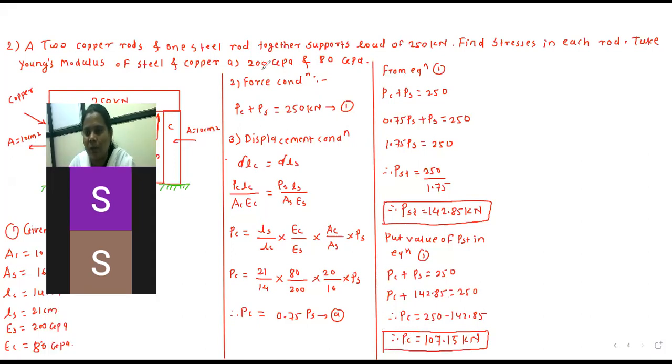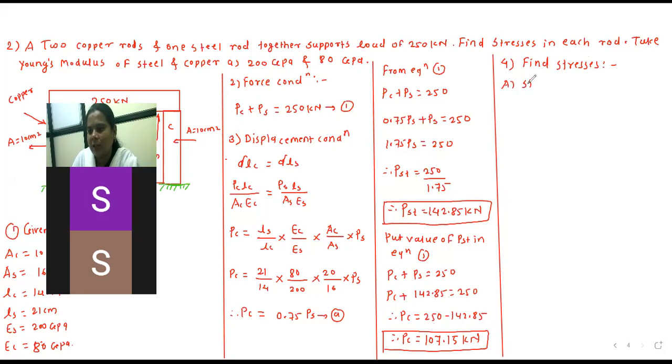And then the last step, step number 4, we have to find the stresses. First, stress in copper rod. Sigma C is equal to force in copper rod divided by area of copper rod.